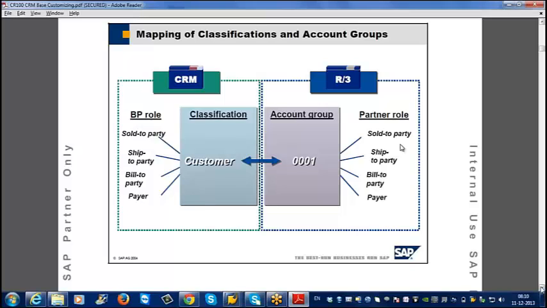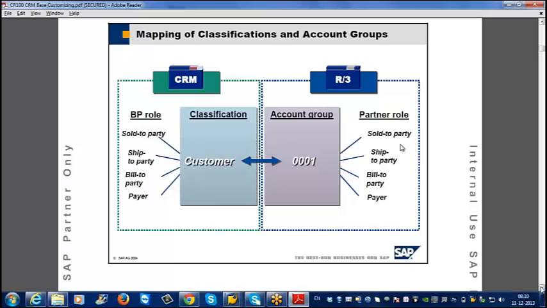But the customer classification will have multiple roles. Suppose I am creating a customer with a BP role sold-to party. It picks up classification as customer. I create some other business partner with the role ship-to party. Still the system picks up customer as classification.